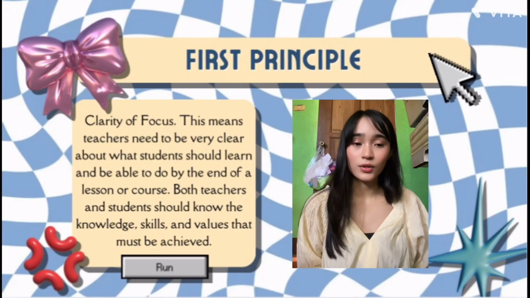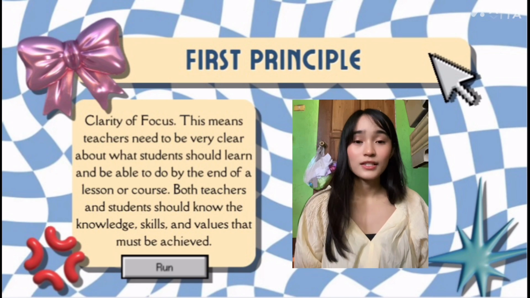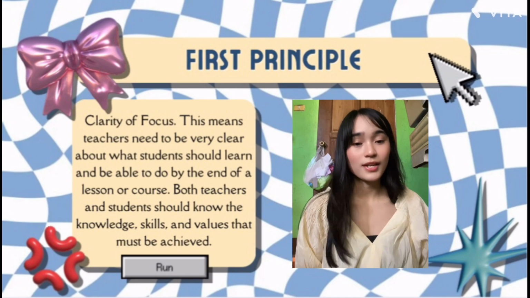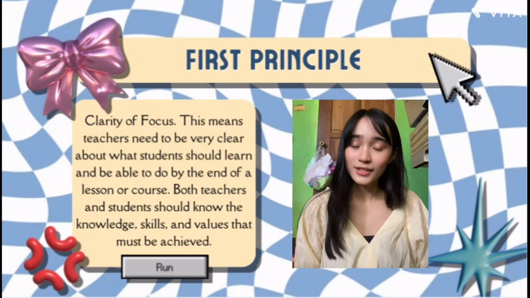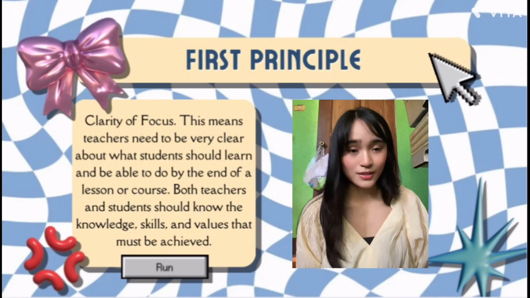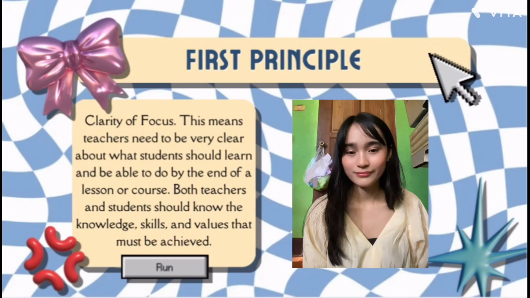Having this clear focus is like looking straight at the target. It helps guide teaching, learning, and assessment so that the desired learning outcomes are reached successfully. In OBE, knowing the goal first ensures that everything in the classroom is designed to help students achieve it.